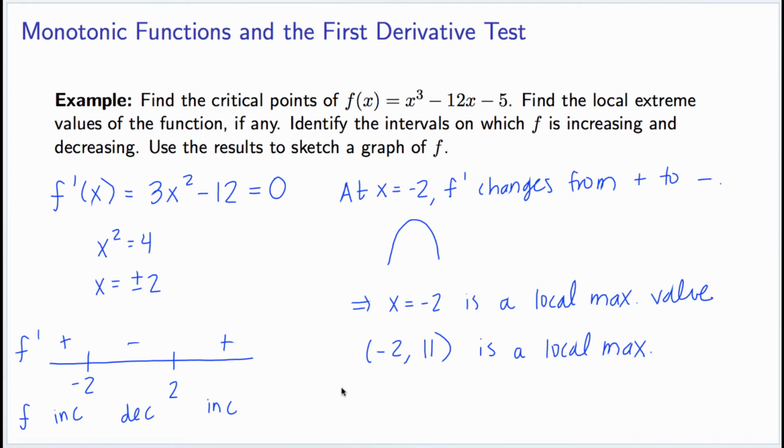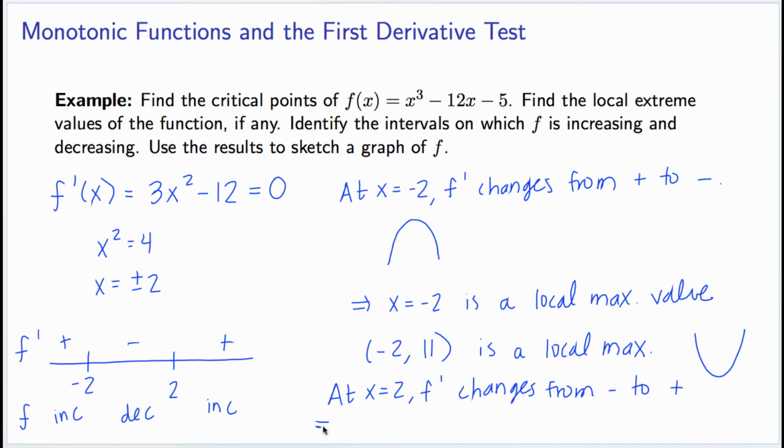And now similarly, we see that at x equals 2, f prime changes from negative to positive. So here, our function changes from decreasing to increasing.